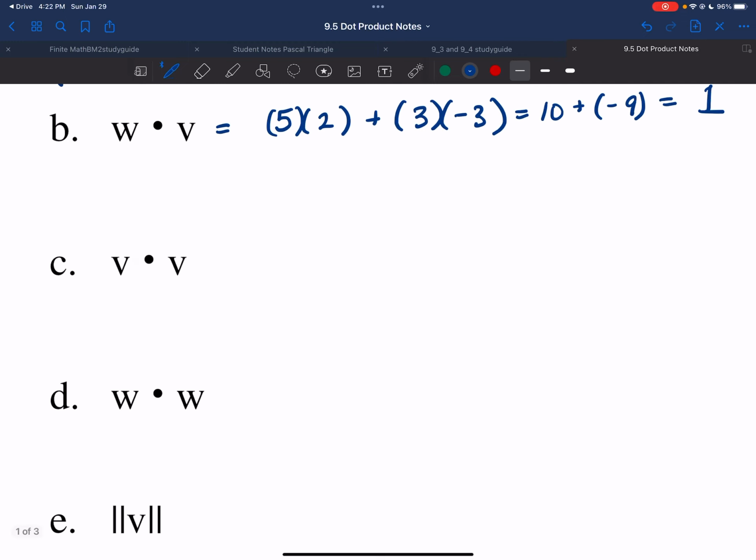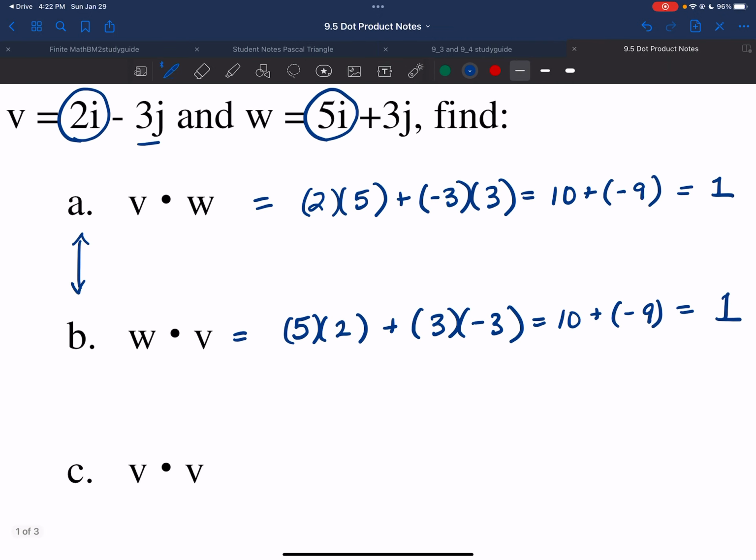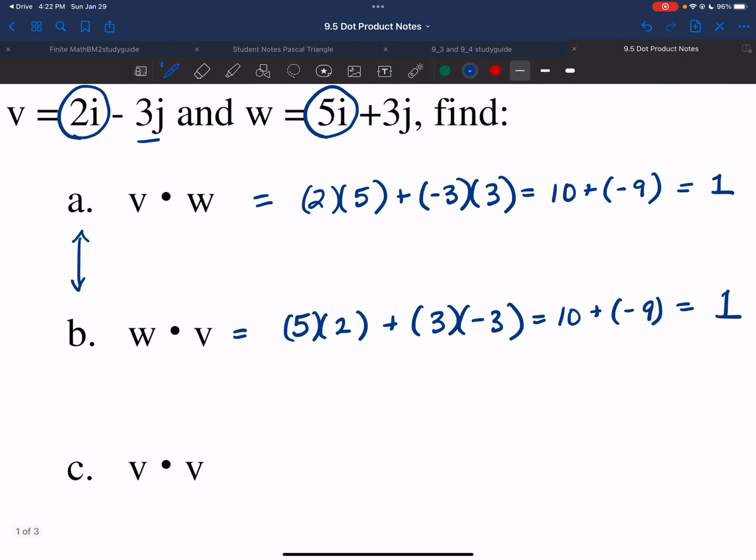Let's take a look at a vector times itself. So we have v dot v, 2i minus 3j, so that's going to be 2 times 2 plus negative 3 times negative 3. So that will be 4 plus, we have 9, and that's going to end up being positive.